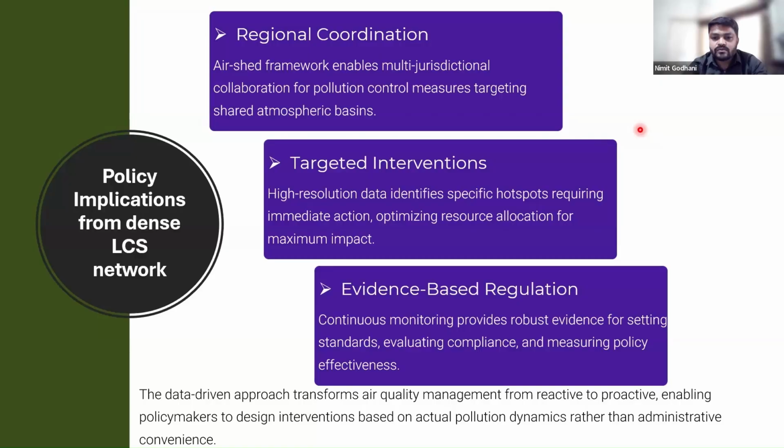Till date, the policy was made by policy makers, the same for the whole region or whole country. But here we are giving them evidence: this particular area we need to focus on more to mitigate the air pollution, and this will help very effectively to mitigate the air pollution. That is my suggestion actually.